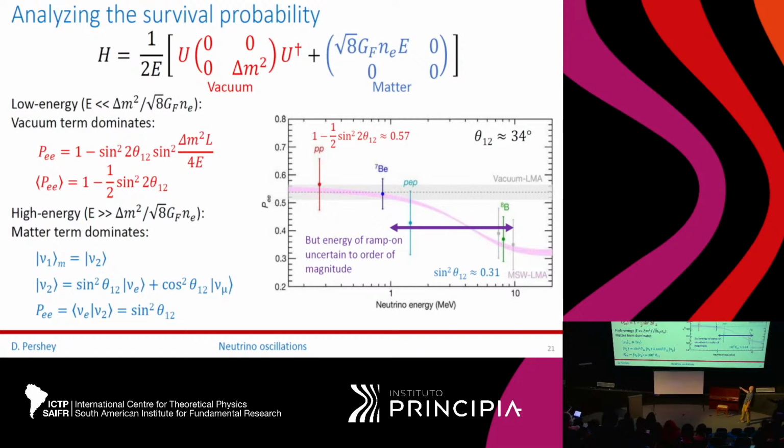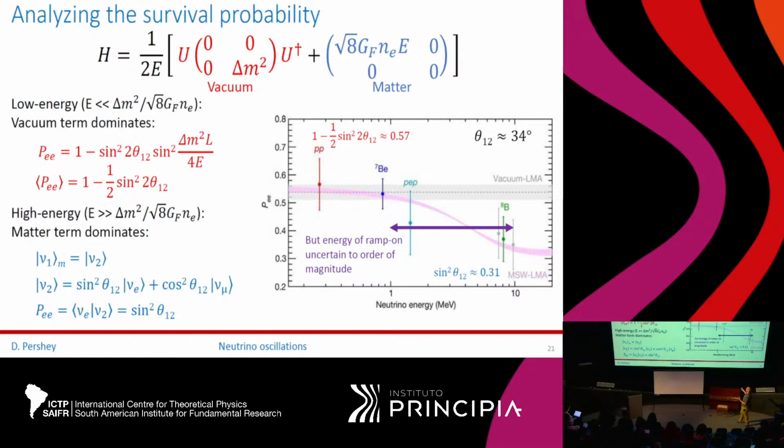And so that is basically what gives this turn down behavior that you see as you go to higher energies. The problem is, where does this turn on actually happen? That all comes down to where the energy scale is relative to this factor here. This basically says that solar neutrino experiments on their own don't really have a great ability to measure delta M squared with these types of methods.